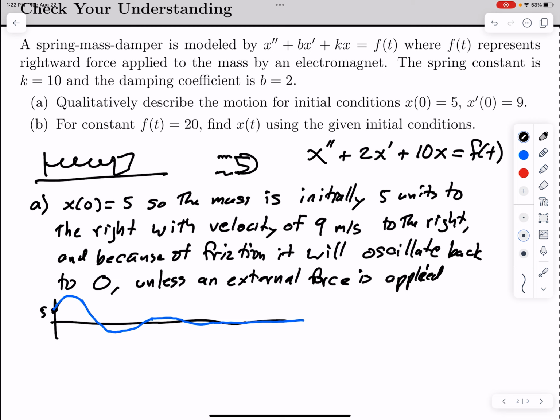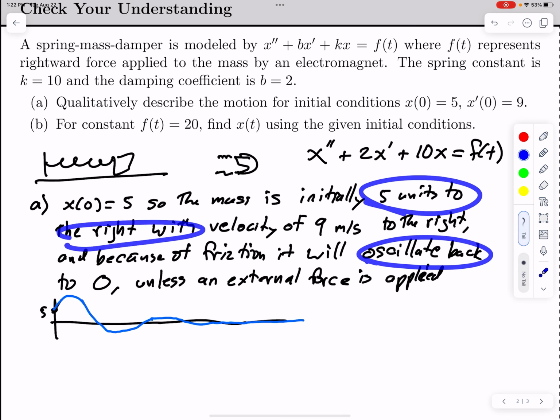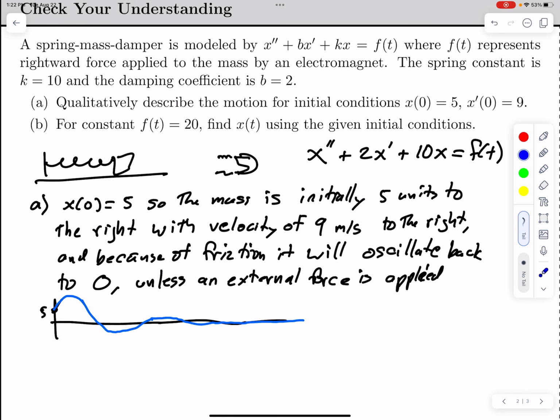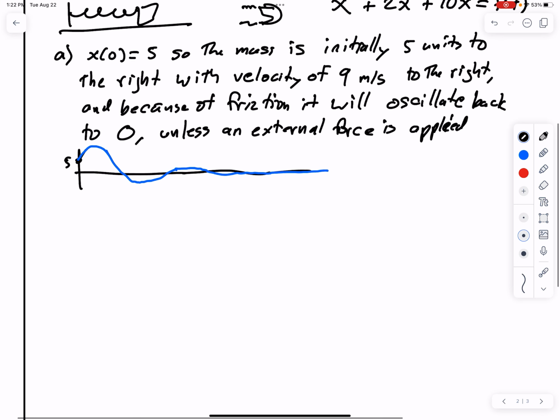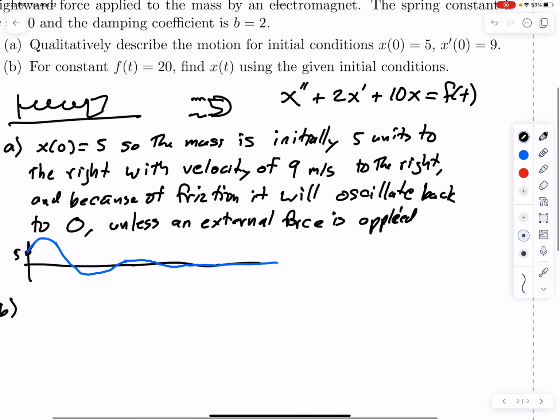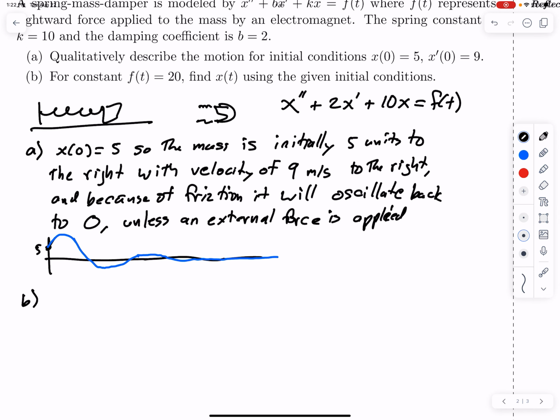So anyway, qualitatively, something about oscillation, something about the initial position, the initial velocity, this notion of bounce kind of behavior. You can think of it like that. So spring bouncing around.